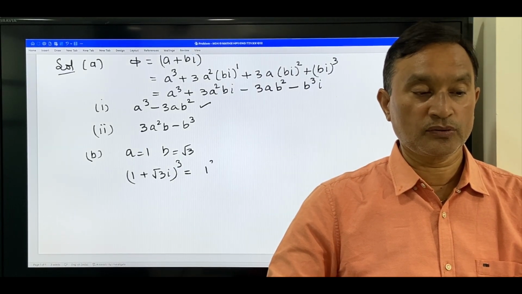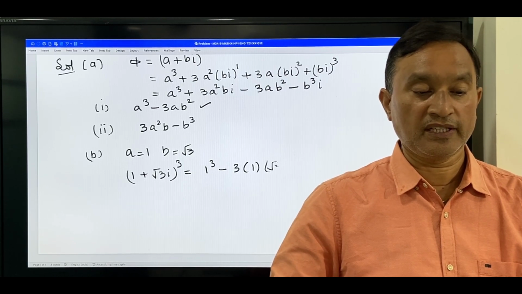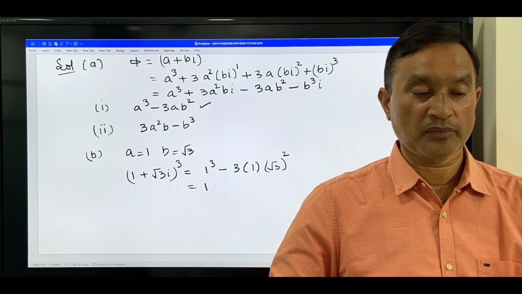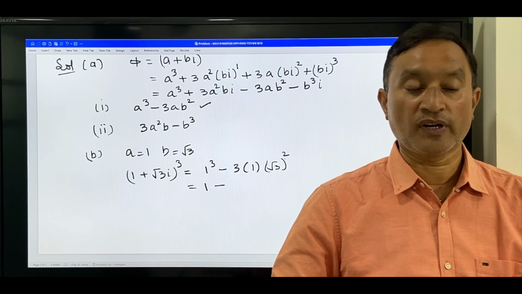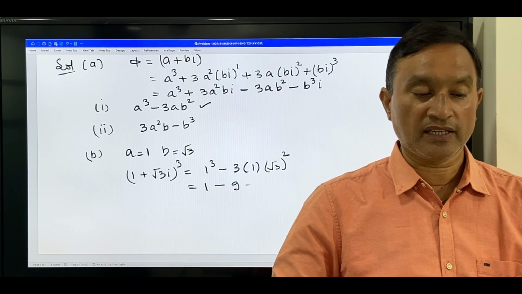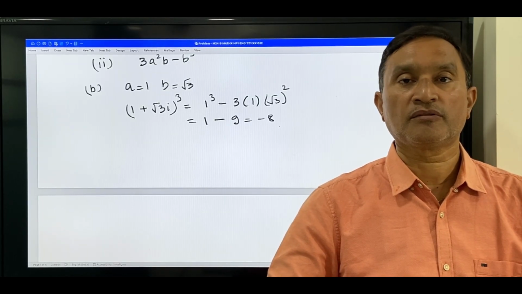So 1 cube minus 3 into 1 into root 3 power 2. So this is 1 minus, root 3 square would be 3, 3 into 3 would be 9, and the answer would be minus 8. So this is the answer of B part.